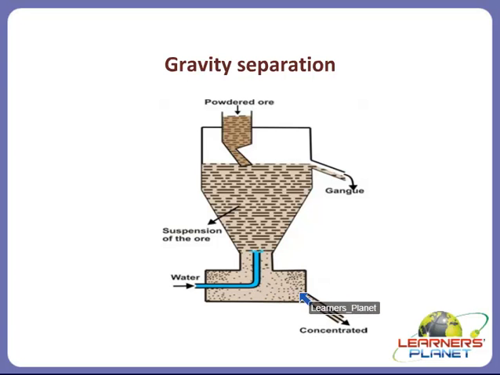So, from here what we can get? We will get the concentrated ore from the bottom, whereas the lighter particles will move out. So these are the gangue or the lighter particles.